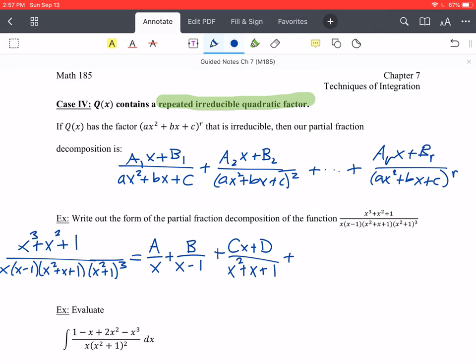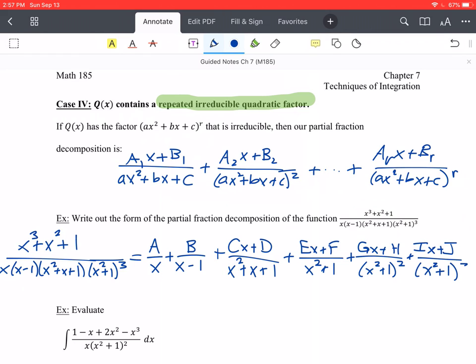Now we get to all the repeated ones. So we have ex plus f over x squared plus 1, right, to the first power, plus gx plus h over x squared plus 1 squared, plus ix plus j over x squared plus 1 cubed.